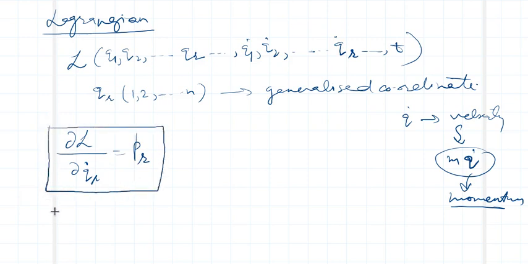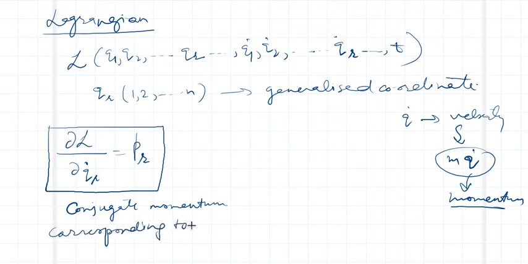So we call this the conjugate momentum corresponding to the generalized coordinate.